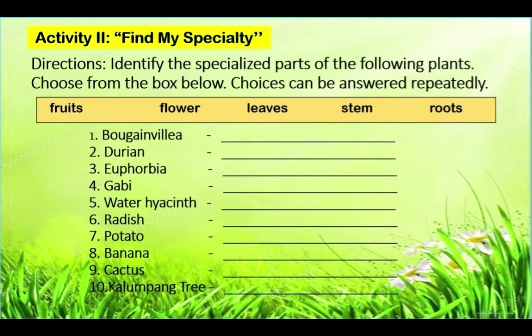Number 2, durian. Number 3, euphorbia. Number 4, gabi. Number 5, water hyacinth. Number 6, radish. Number 7, potato. Number 8, banana. Number 9, cactus. Number 10, kalumpang tree.